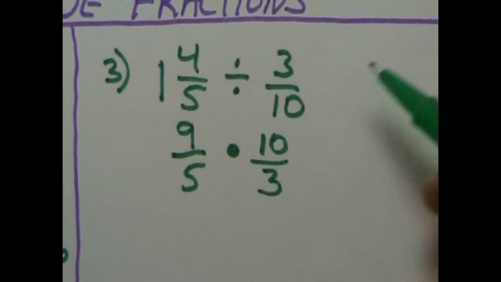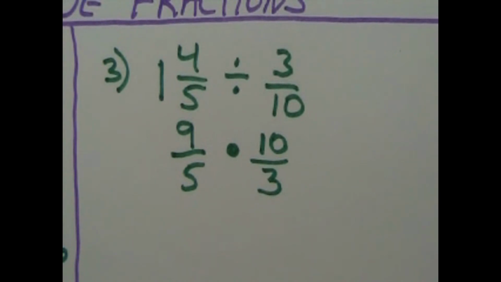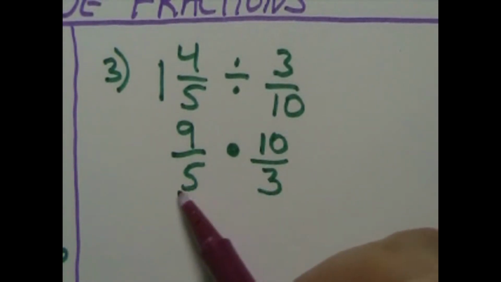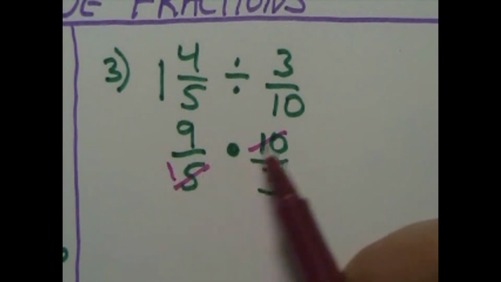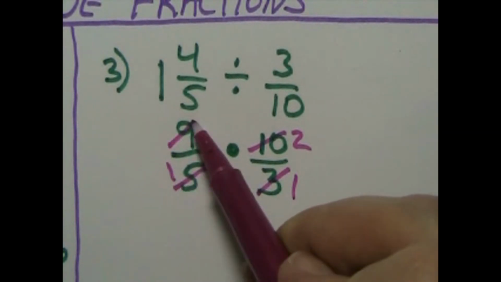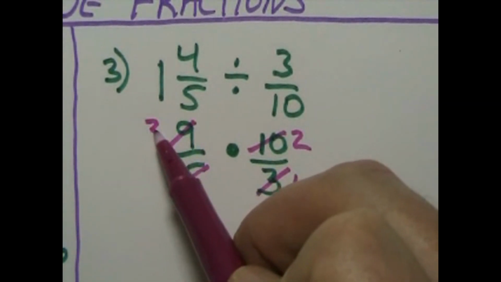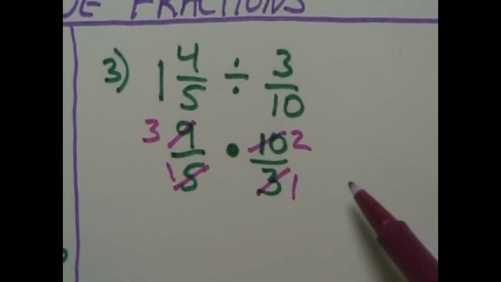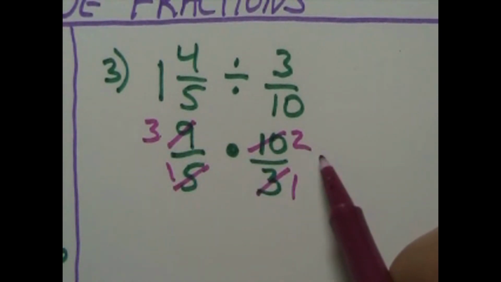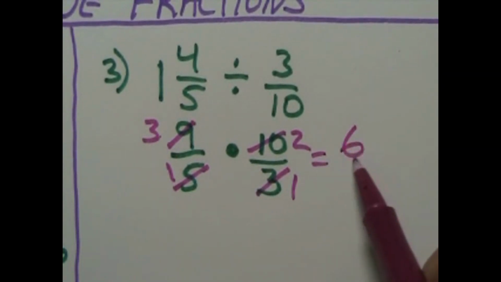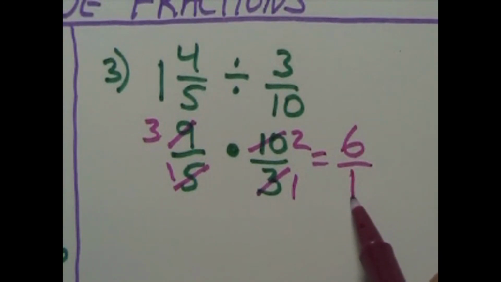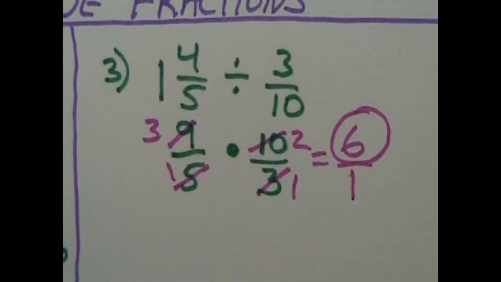Do the reciprocal. So now I start reducing. 5 goes into 10 twice. 3 goes into 9 3 times. So now I'm left with 3 times 2 on the top and 1 times 1 on the bottom. So my answer is 6.